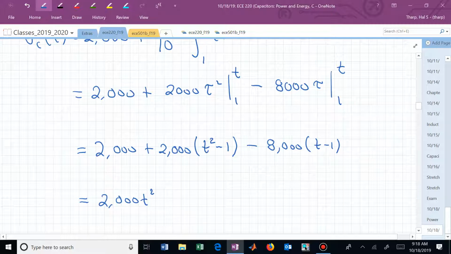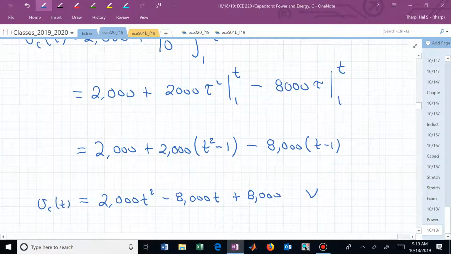I only see one linear term in time, and that's minus 8,000. And then I have to keep track of all of the constants. I have 2000. I have minus 2,000. Those cancel, and then I'm just left with a plus 8,000. That's now my functional form for V sub c of t for t between 1 and 2.